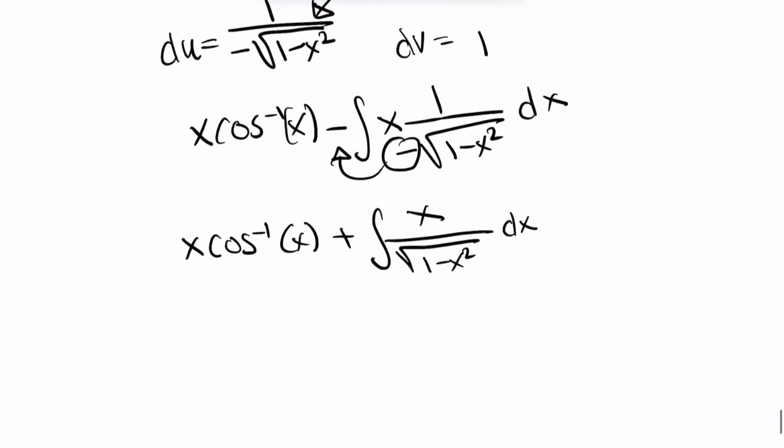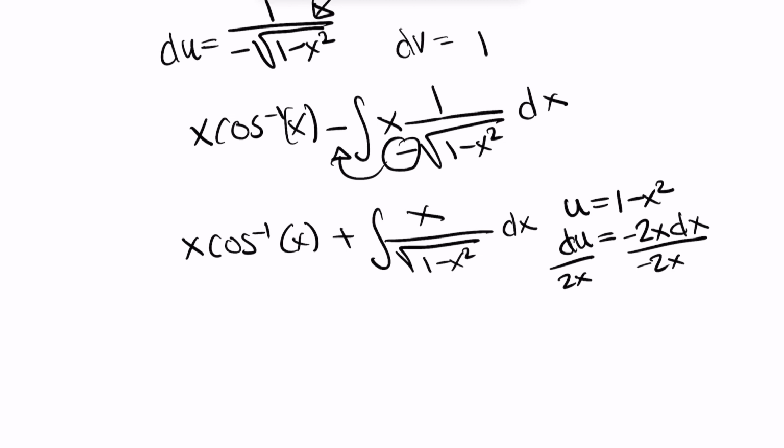Now we need to use a u substitution. So we're going to put u as 1 minus x squared. And we're going to differentiate both sides. So we have du equal to negative 2x dx. And then we're going to divide both sides by negative 2x. This goes away.